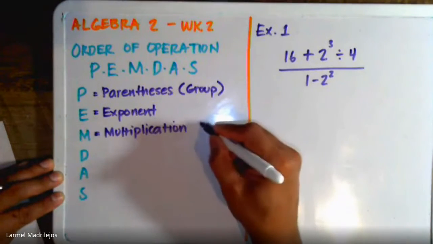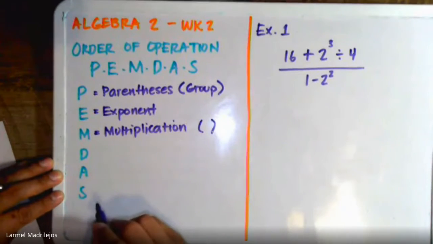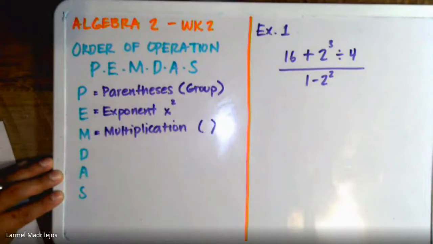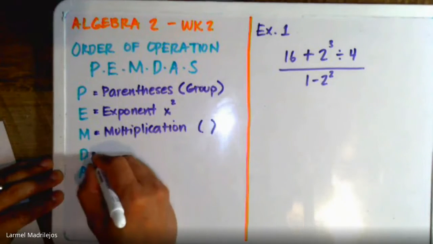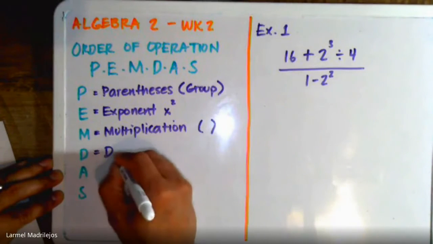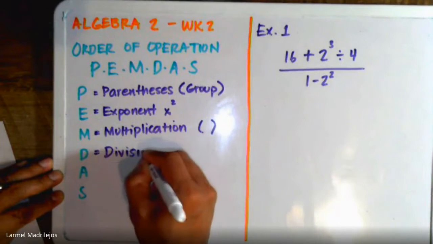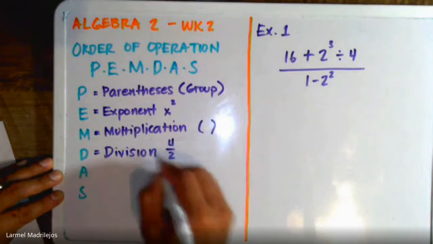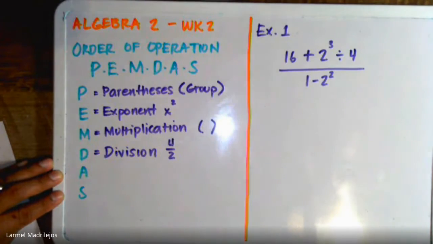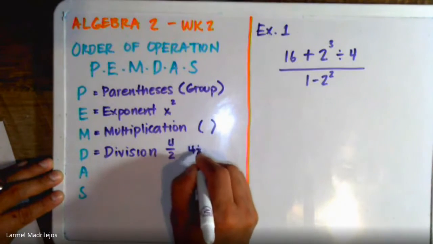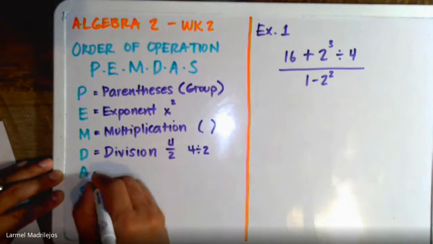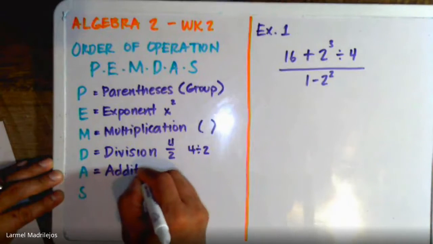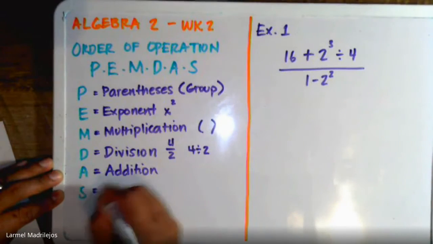If you see a parenthesis, it's multiply. And if you see an exponent, you raise to a power. D stands for division. 4/2, or 4 divided by 2, is a division. A stands for addition, and S stands for subtraction.